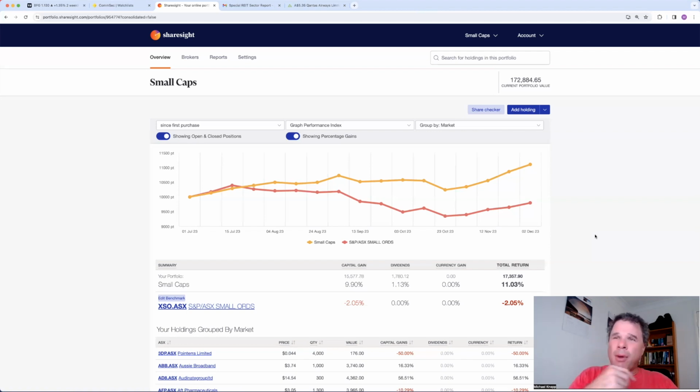So maybe this should be called micro cap. I still invest in small cap companies, but some of those are in my quality portfolio. Anyway, 11%, beautiful.